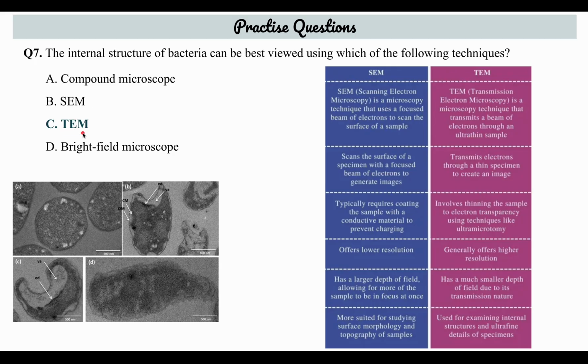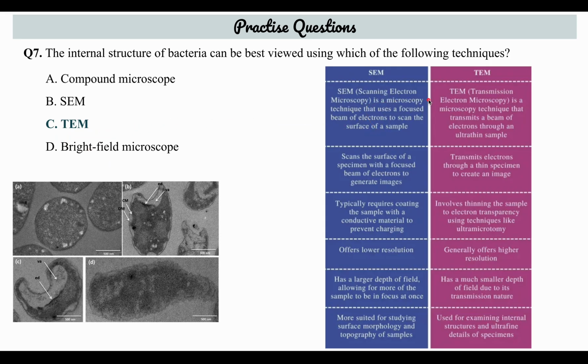But TEM is the transmission electron microscope, with the help of which we can see the internal structure of bacteria with better resolution. And bright field and compound microscopes, although they can show us the bacteria, do not provide its internal structure at that much resolution. So the preferred answer is option C, which is TEM.